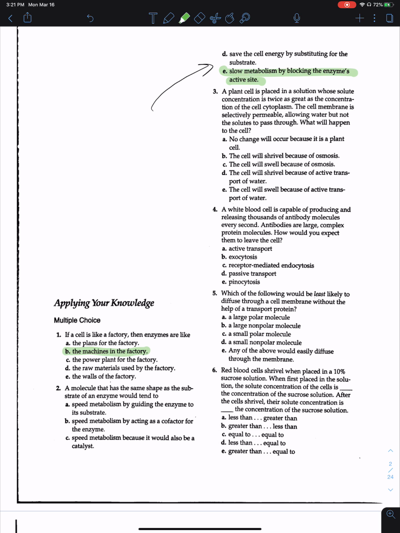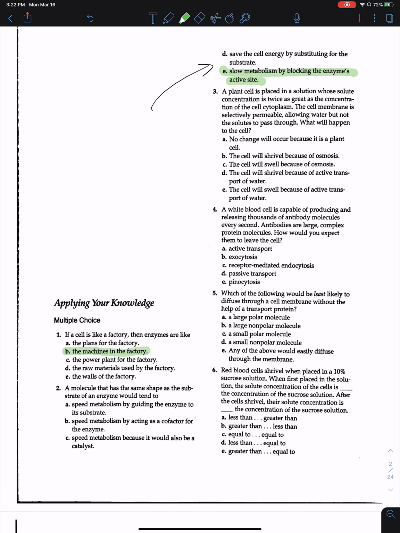So another confusing thing that we haven't talked about too much in class, the way enzymes work, remember they are specific, right? So they do specific things for cells, so they bind to specific locations, right? So if there's something else that binds to the same exact location as an enzyme, as in it has the same shape, what it's going to do is it's going to slow down how effective that enzyme can actually be because there's something blocking it, right?